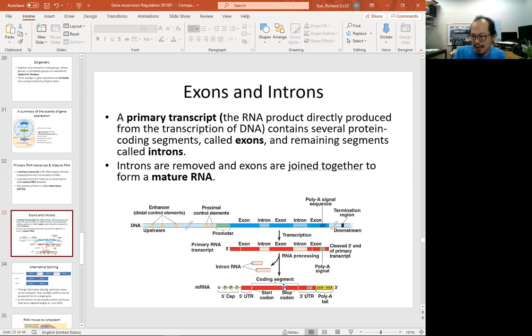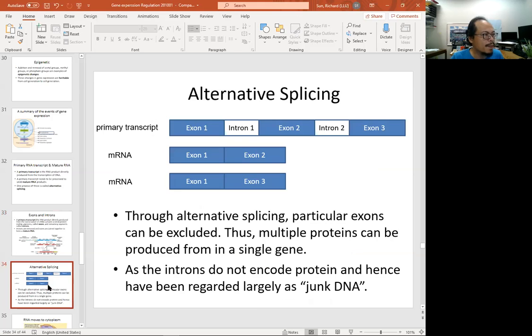Now, this splicing can lead to some alternatives. For example, here is one where we have exon, intron, exon, intron, exon. We say exon 1, intron 1, exon 2, intron 2, exon 3, for example. And that's the primary transcript. Now we do this splicing. When we put the exons together, we may only put in two.